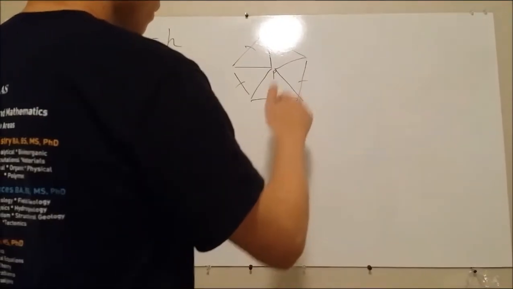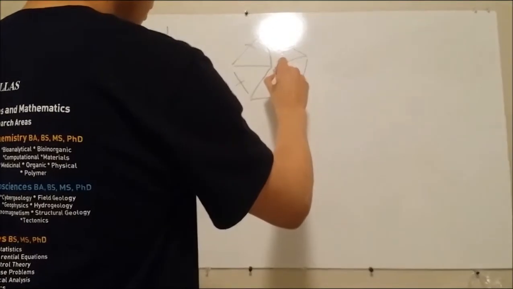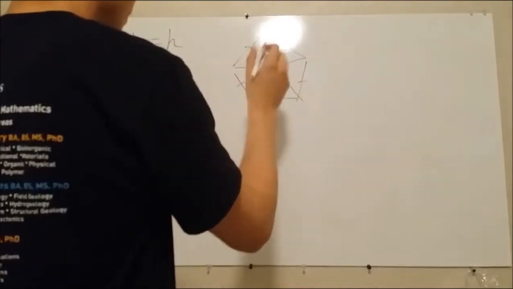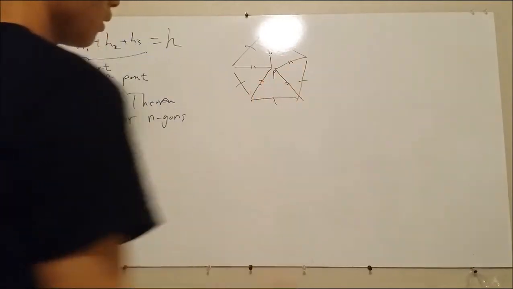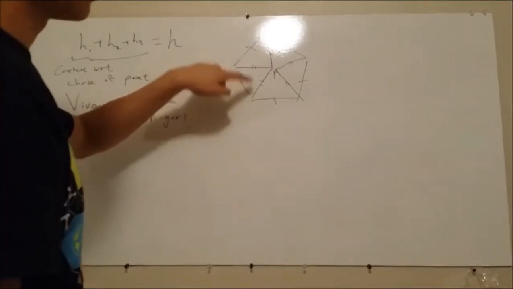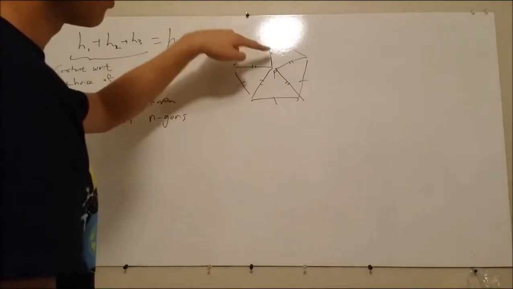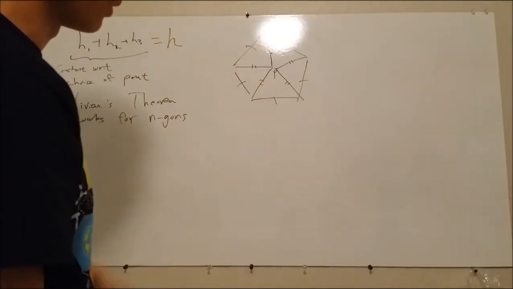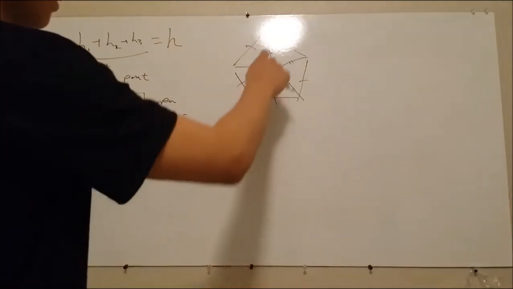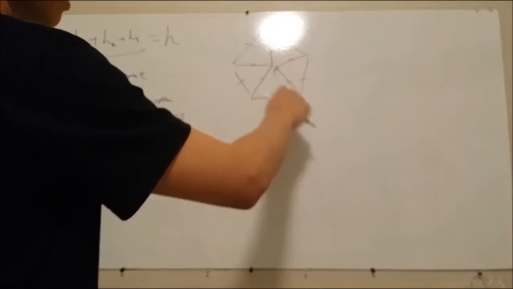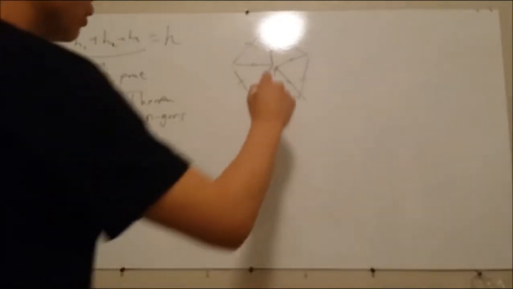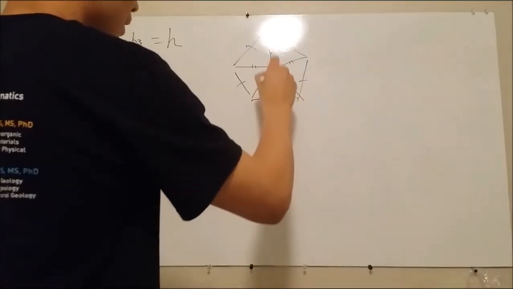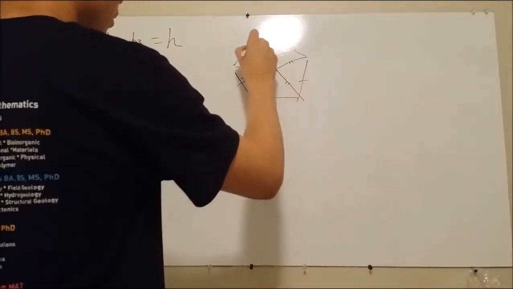So it turns out that, first of all, we can label these, and it's easily seen by side, side, side that all of these triangles are congruent to each other. So this triangle is congruent to that one, this triangle is congruent to that one, because they all have the exact same side lengths. So we know that they all have the exact same altitude also.